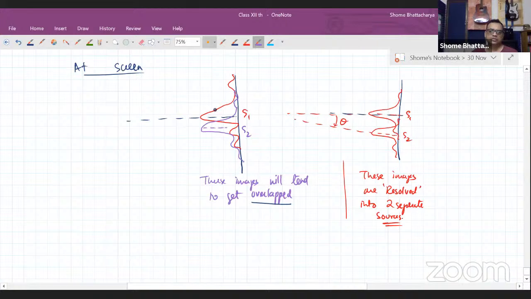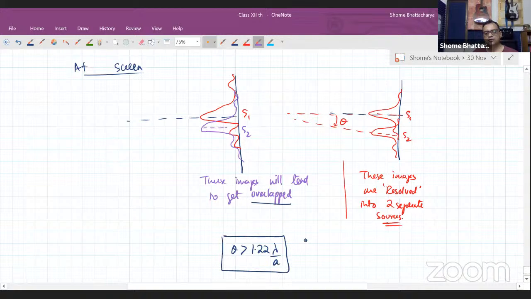S2's central bright disk should be outside of S1's first dark ring. So theta should be greater than 1.22 lambda by A for resolved images, where A is the diameter of the lens's aperture.